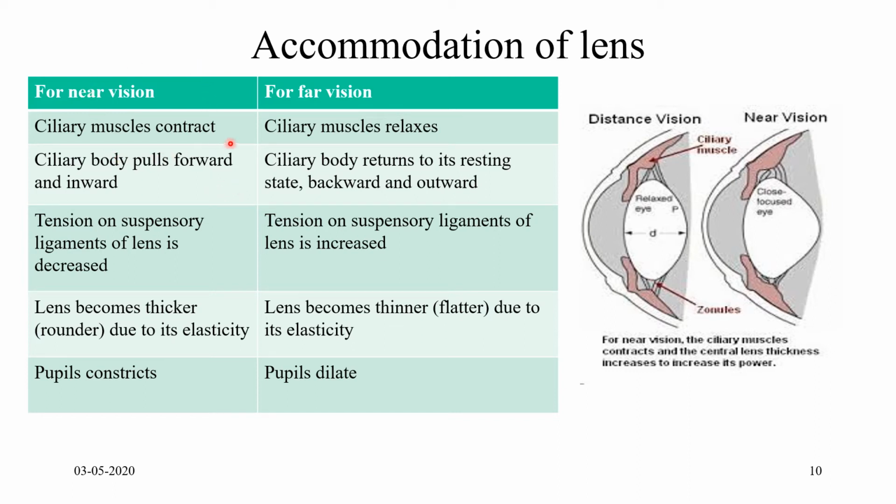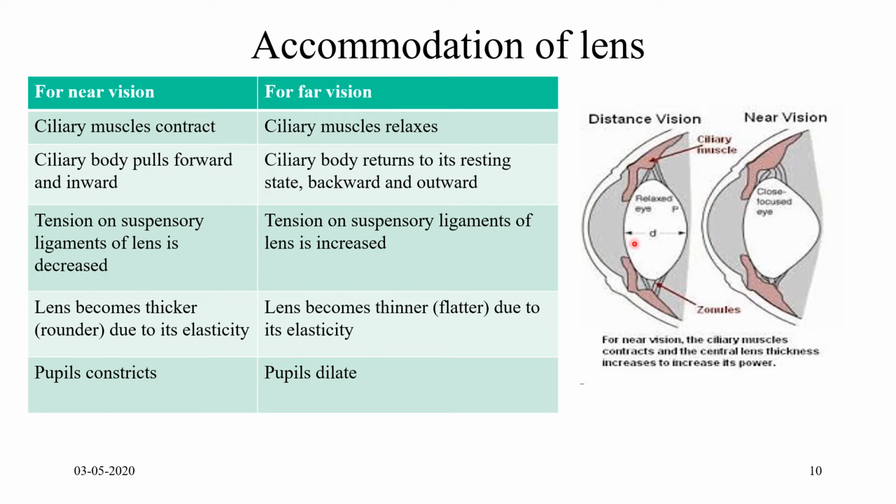So in near vision, the ciliary muscle contracts and the ciliary body pulls forwards and inwards. The tension on the suspensory ligament of the lens will be decreased and the lens becomes thicker because of elasticity, and the pupils constrict.